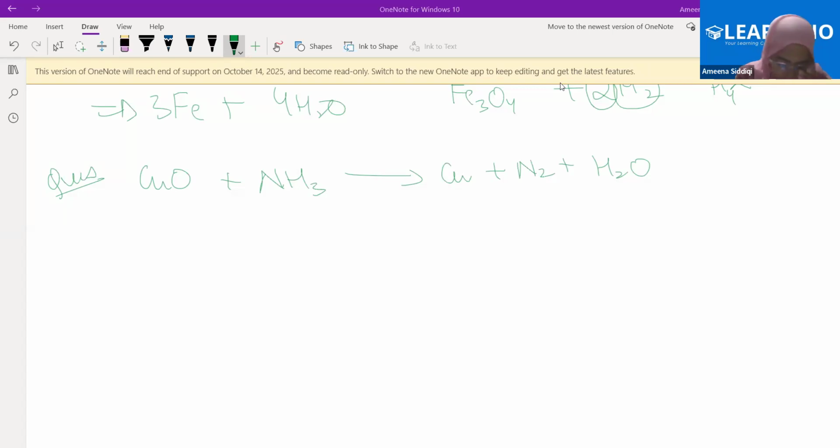CuO plus 2NH3, plus Cu plus N2 plus H2O.